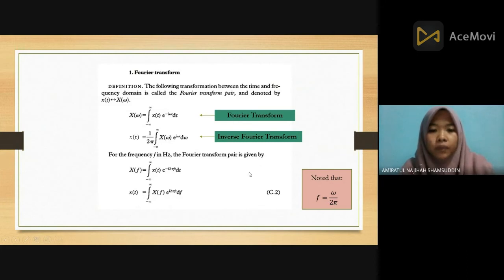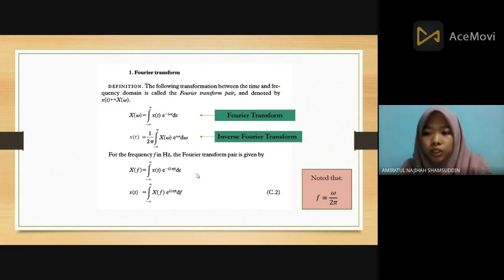So in the frequency form we get the exponent negative i 2 pi f, as omega equals 2 pi f. That is the relationship between omega and the frequency.